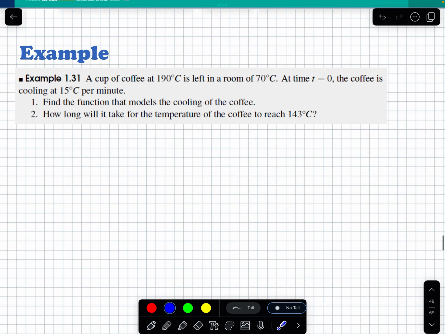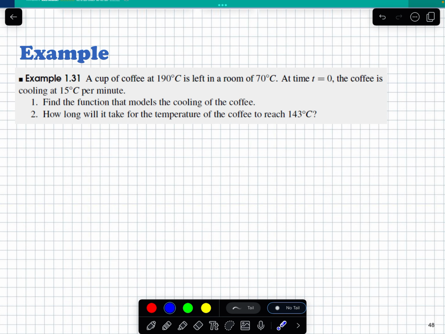Example: a cup of coffee at 190 degrees Celsius is left in a room of 70 degrees. At time t equal to 0, the coffee is cooling at 15 degrees Celsius per minute. Number 1. Find the function that models the cooling of the coffee.